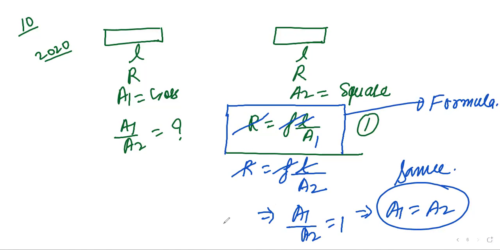Next one is the 11th one. So let's see. It was asked in 2019. Six similar bulbs are connected as shown in the figure with a DC source of EMF E, zero internal resistance. The power consumed by the bulbs when all are glowing, in the situation when sections A and B. So your circuit diagram is like this.